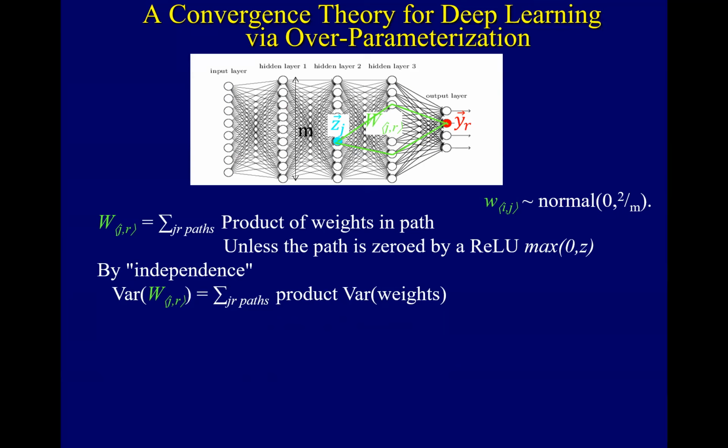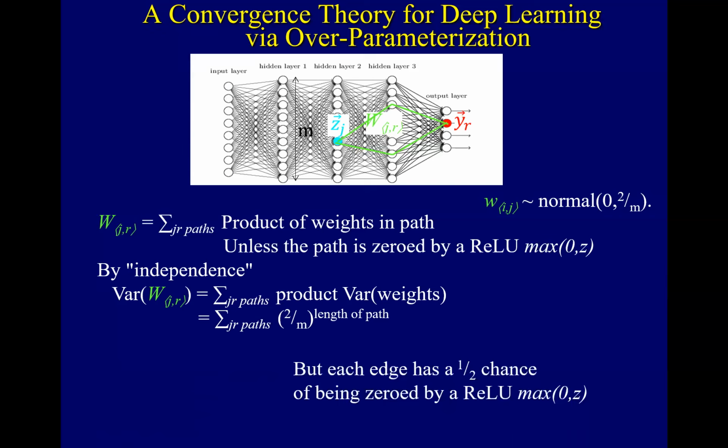But if everything is independent, then the variance of this is just going to be the sum over the paths of the product, kind of like what we did before. Then the variance of each edge was 1 over m, and we multiplied by the length of the path. Each edge has a probability of being zeroed, so that got rid of all the 2's.